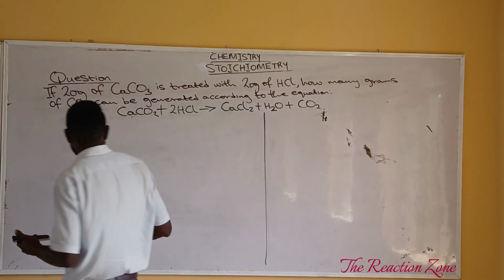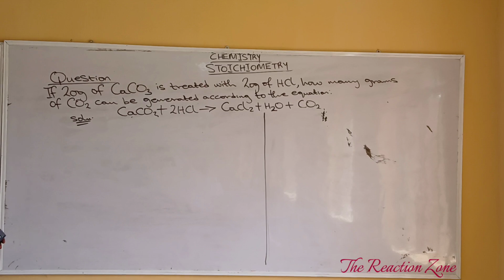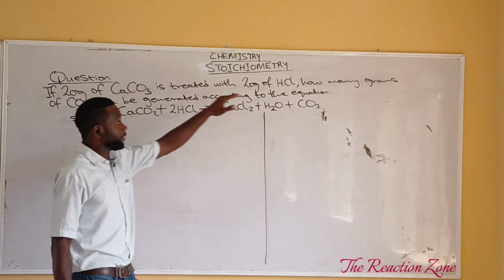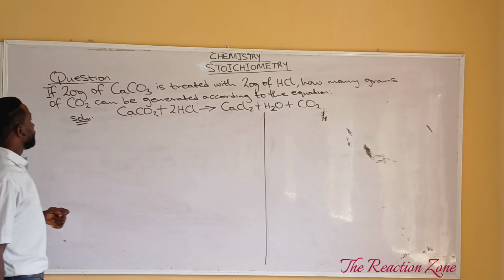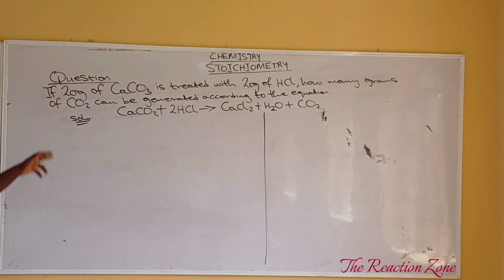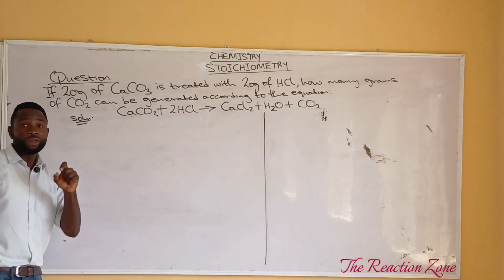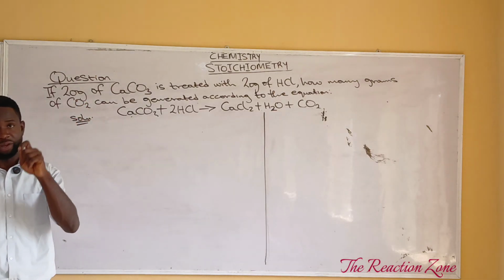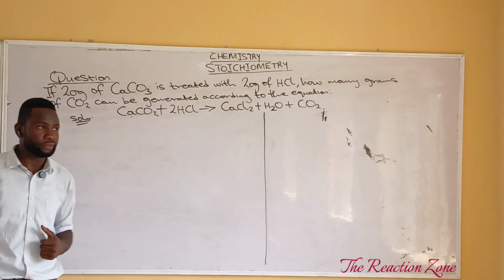Now, when you look at this particular question, there are two reactants, calcium carbonate and HCl. For us to know how many grams of carbon dioxide can be generated, we need to know which of these two reactants is the limiting reagent or the limiting reactant.